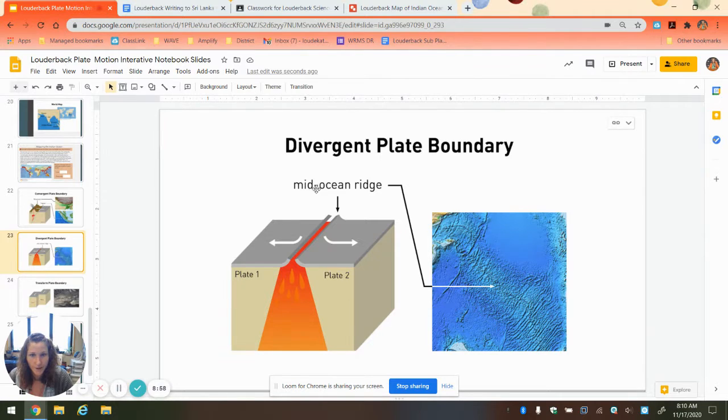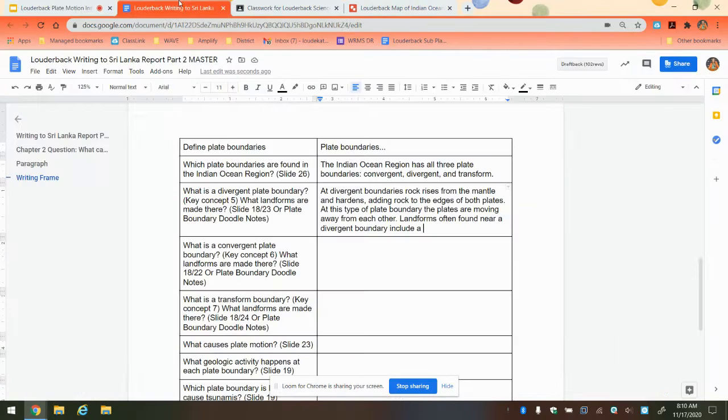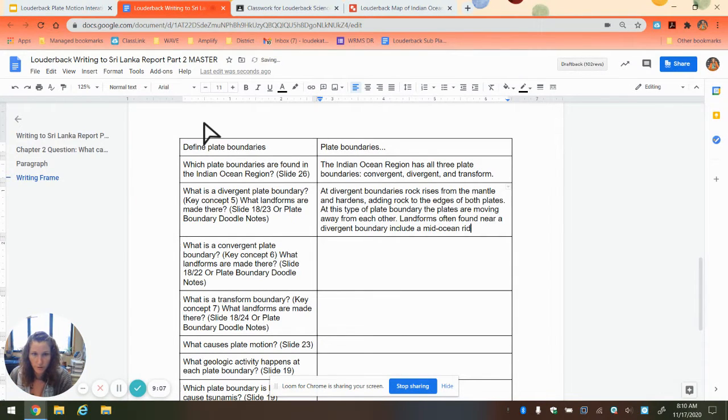All right, so the landform found is a mid-ocean ridge. Okay, mid-ocean ridge. So that would be the example for what I'm looking for in each of these boxes. Okay, so you're going to do the same thing for the convergent plate boundary and the transform plate boundary.